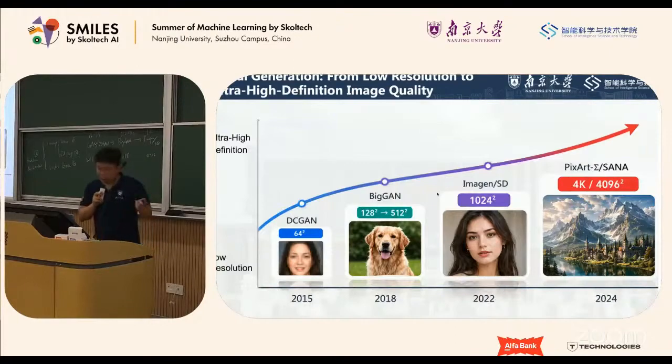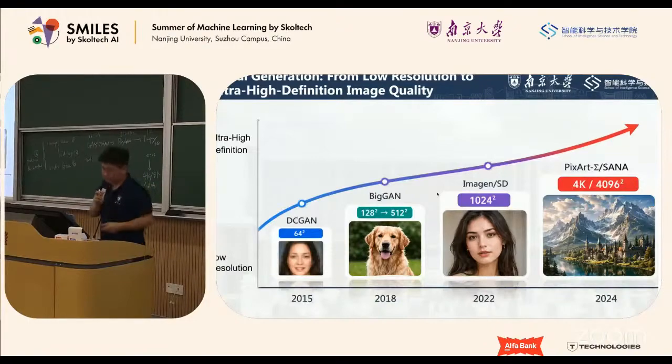More recently, from 2024, the resolution keeps increasing to 4K or even 8K. The representative works are PixArt and Sana, published after 2024.